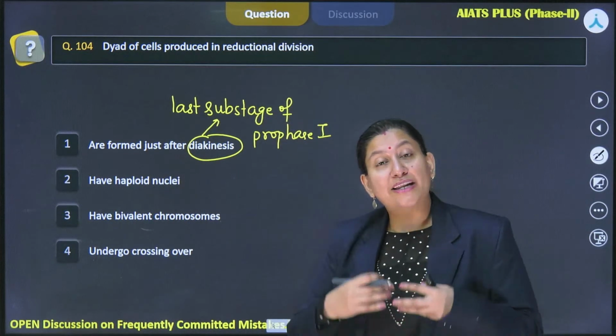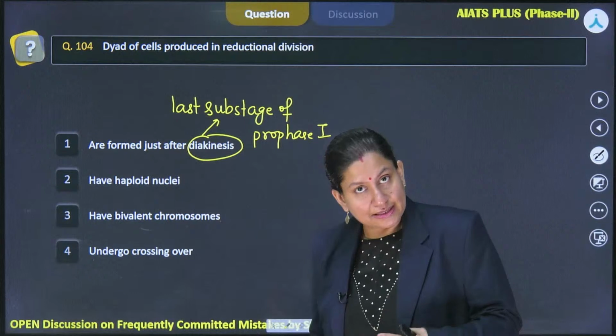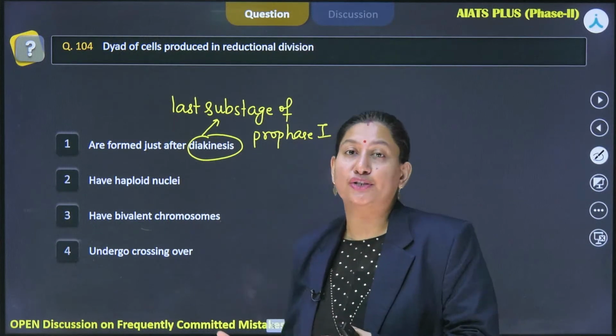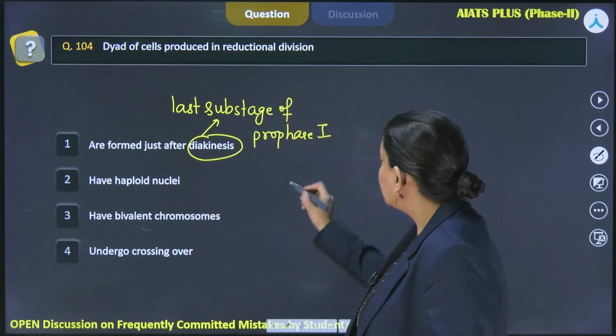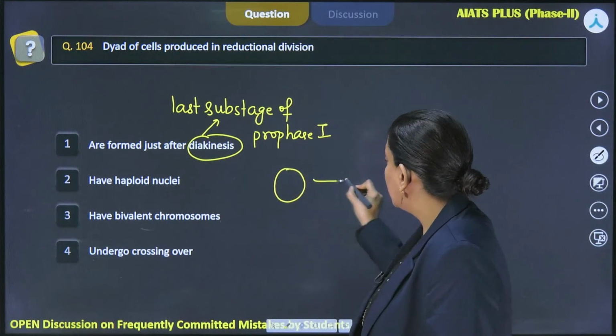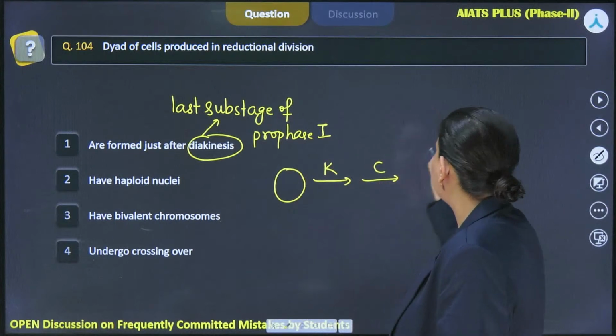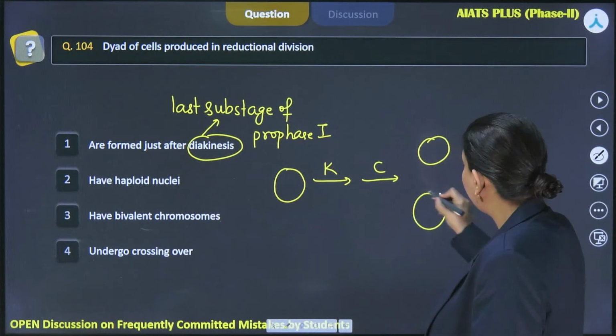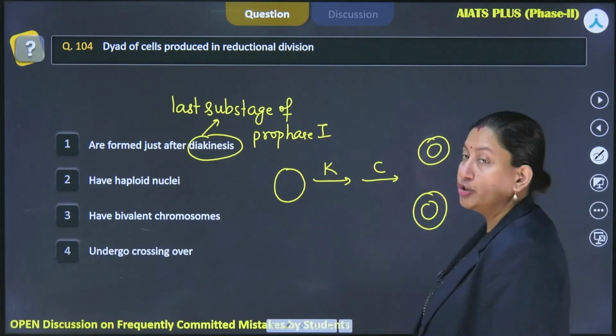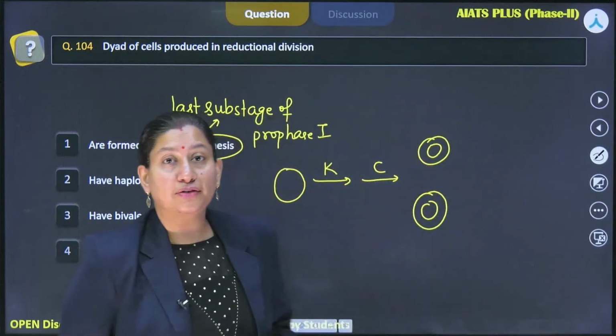When karyokinesis is completed, cytokinesis has to take place, because one cell division completes only when karyokinesis and then cytokinesis are completed. Only then will you have two daughter cells with two nuclei, forming a dyad of cells.